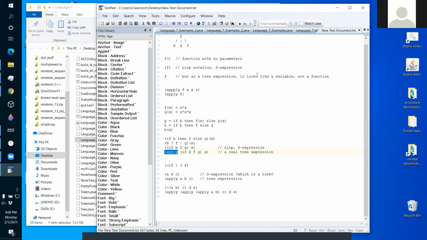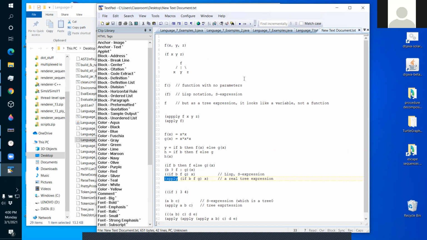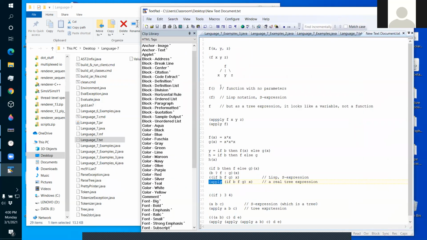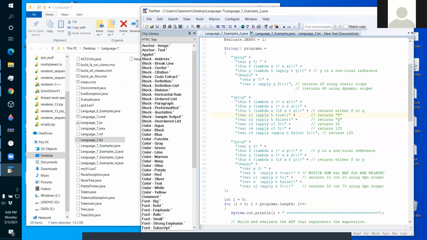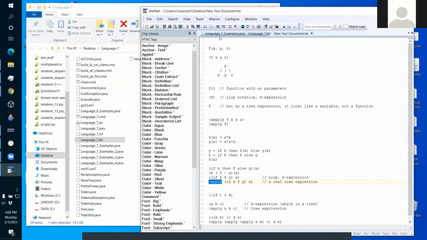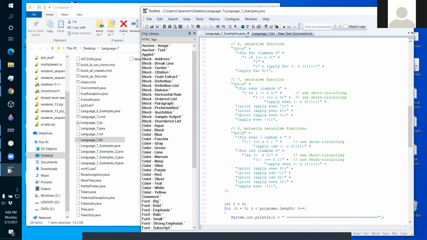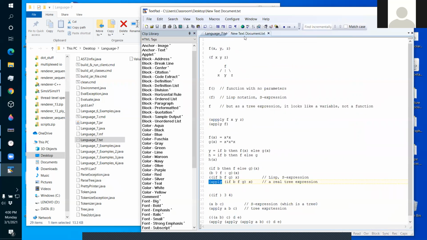Okay. Now, the other thing we did last week was the syntax of function calls, and then the syntax of function applications. I'm sorry, function calls and function applications are the same thing. The other one was the syntax of function definitions.